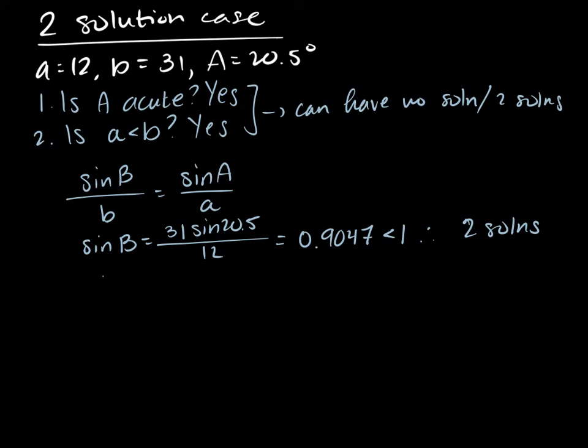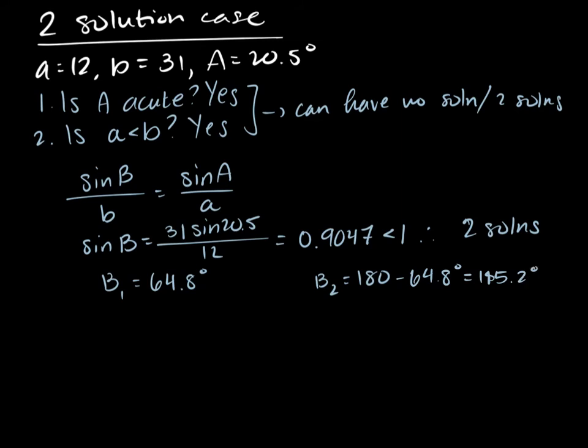So then I take the inverse of that, and I get angle B, or in this case, I'm going to name it B1, is equal to 64.8 degrees. To find my second solution, I'm going to subtract our original B1 from 180. This will be 115.2 degrees.